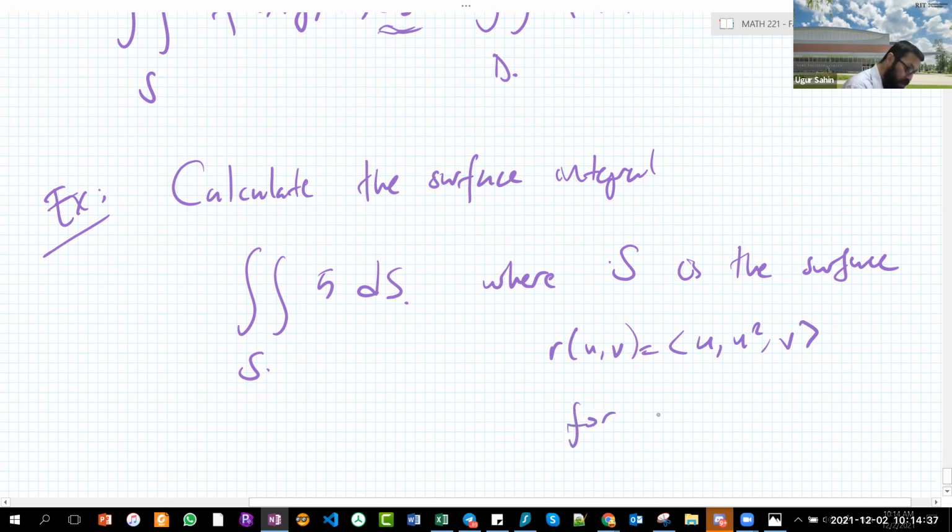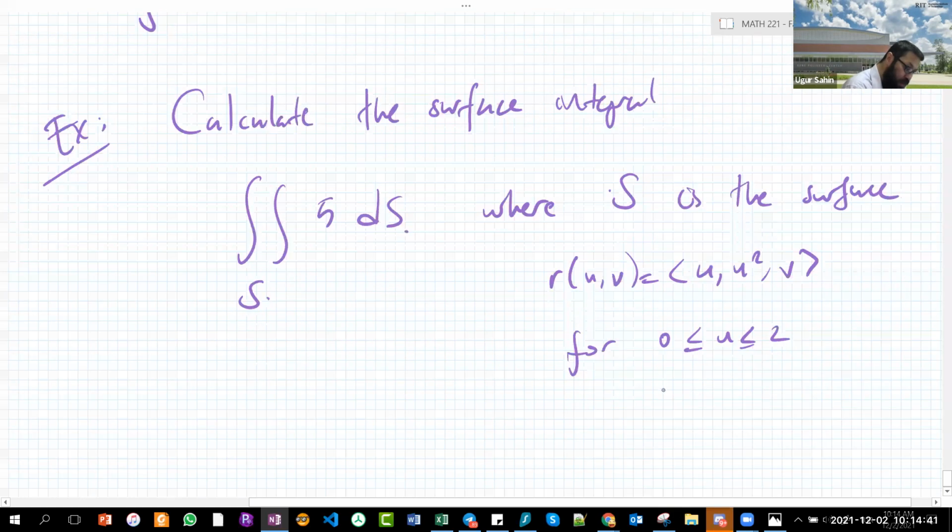And they are in this interval: u is between 0 and 2, and then v is between 0 and u. Okay, guys, 0 and u.